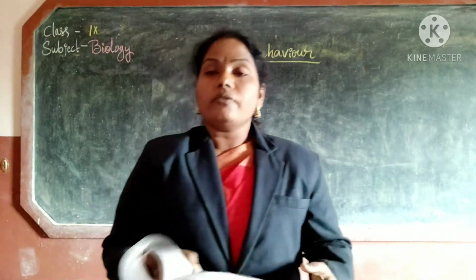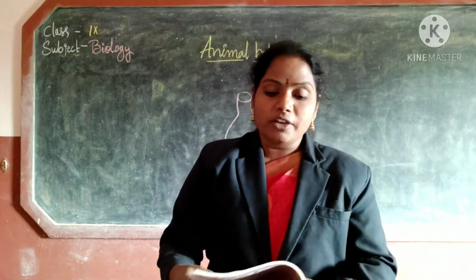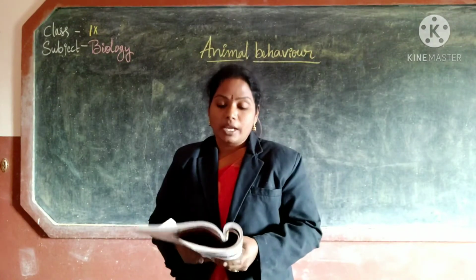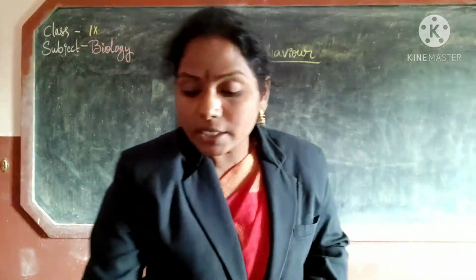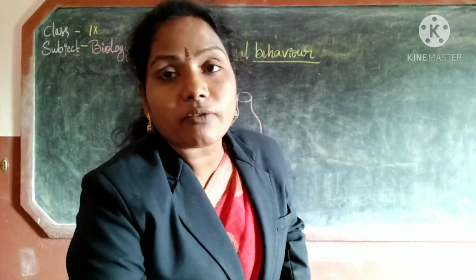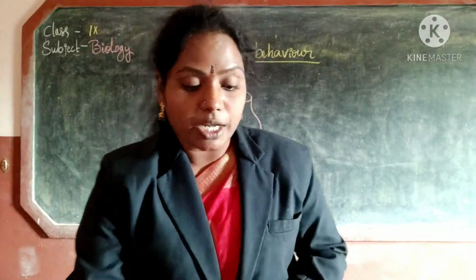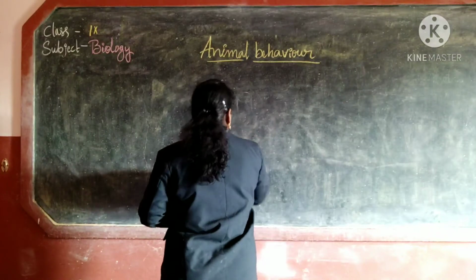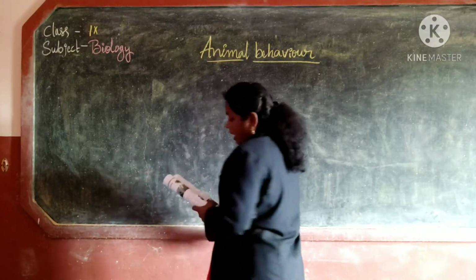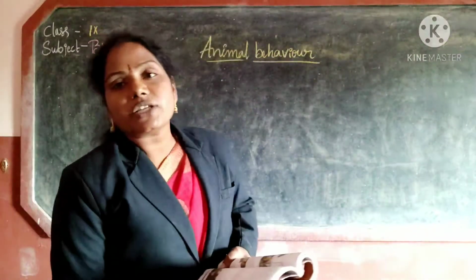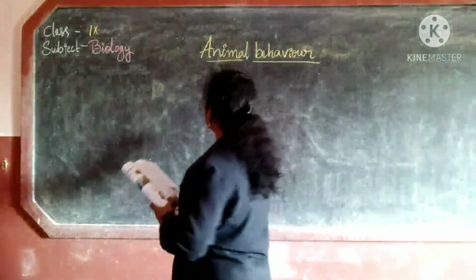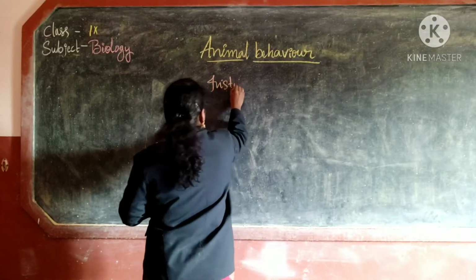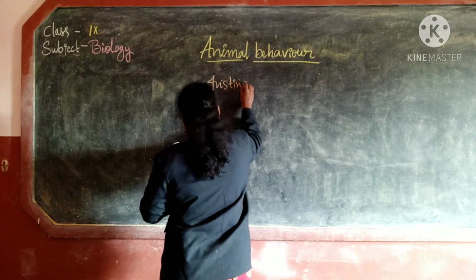So here we are going to learn about different types of animal behavior. The different types of animal behaviors are instinctual behavior, imprinting behavior, conditioning behavior, imitation behavior. First one is instinctual behavior.